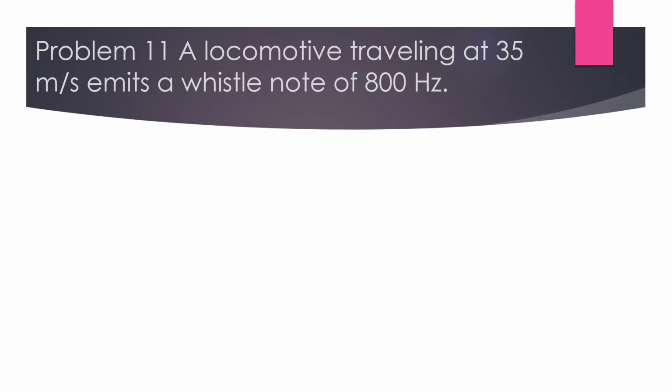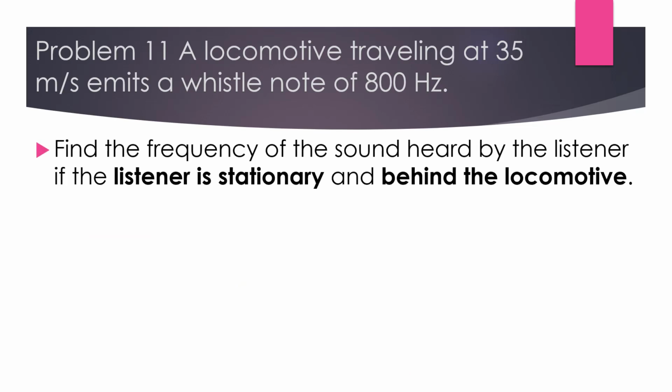Okay. Next is, what if the listener is stationary and behind the locomotive? What is the frequency heard by the listener? So when we say behind the locomotive, your source is moving away from the listener, where VL is also equal to 0 because the listener is stationary, and Vs is moving away from the listener.